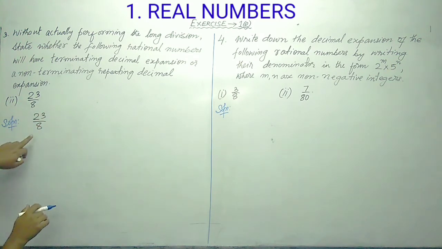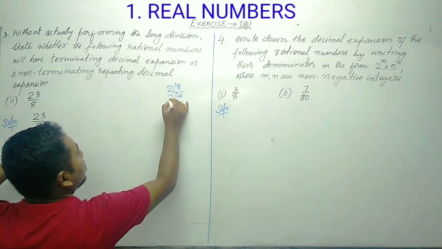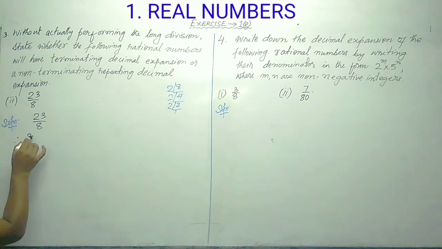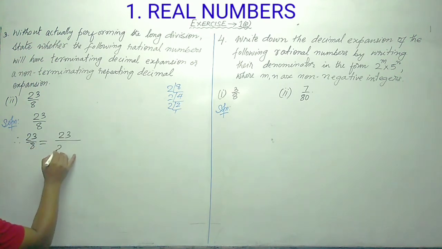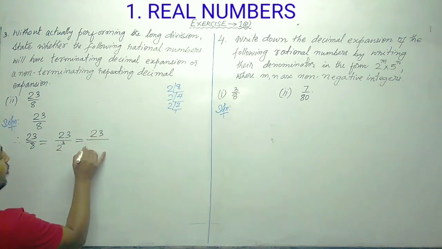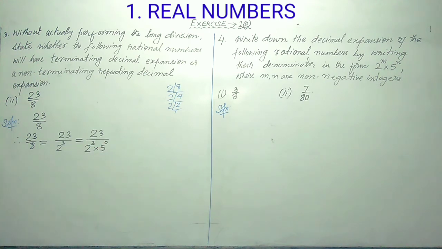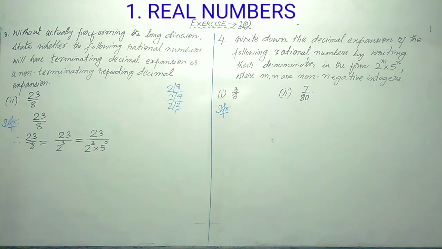Again, let us find out the prime factorization of 8. 2 4s are 8, 2 2s are 4, 2 1s are 2. So you can write down, therefore 23 by 8 equals 23 by 2 to the power 3. Also you can write it as 2 to the power 3 into 5 to the power 0. Why? Because 5 to the power 0 is 1, and 1 into 2 to the power 3 is 2 to the power 3.